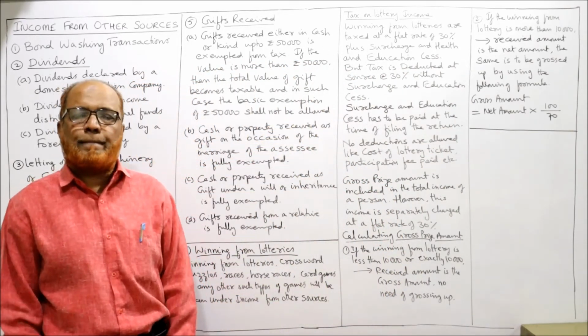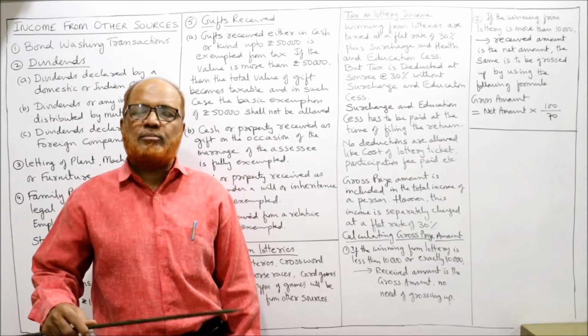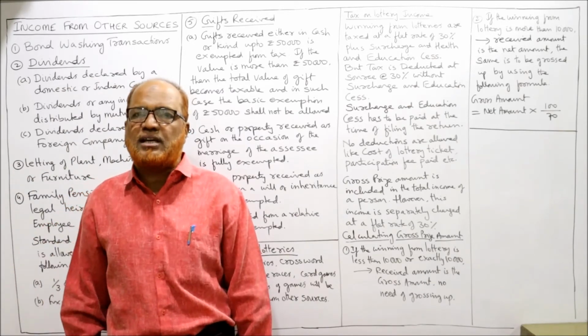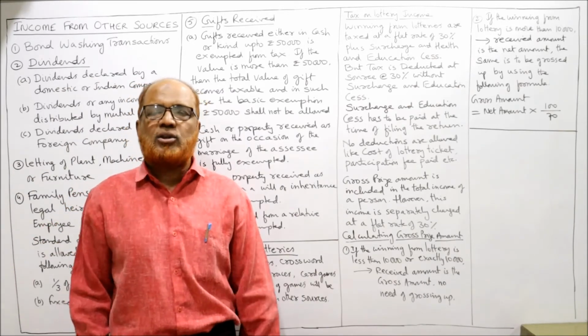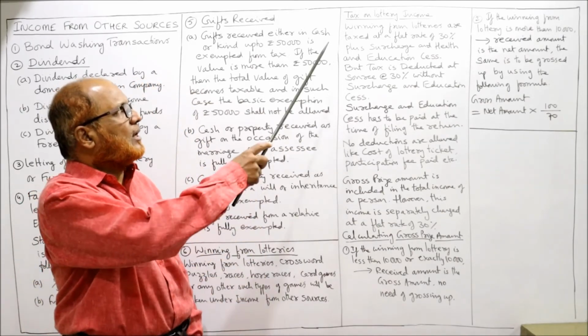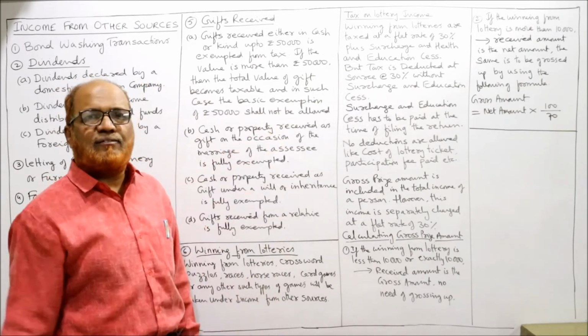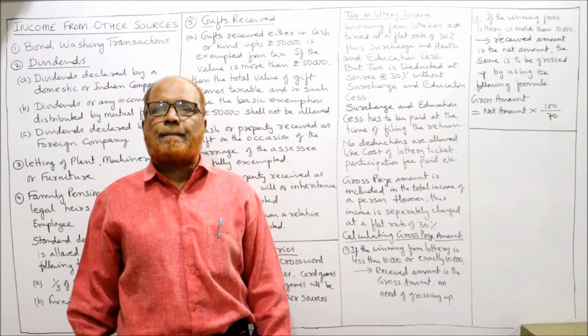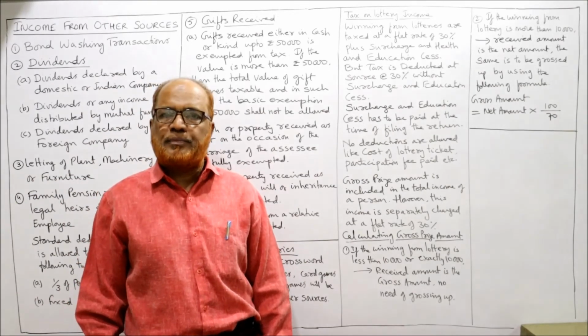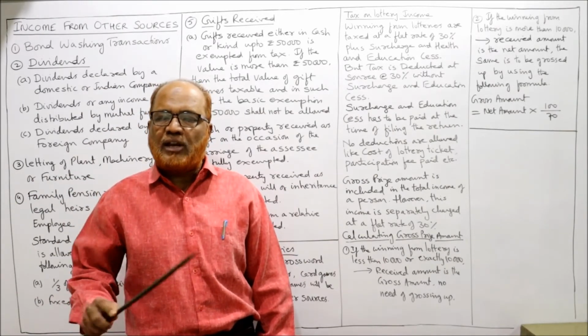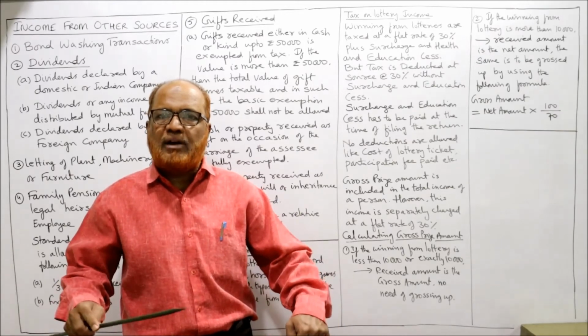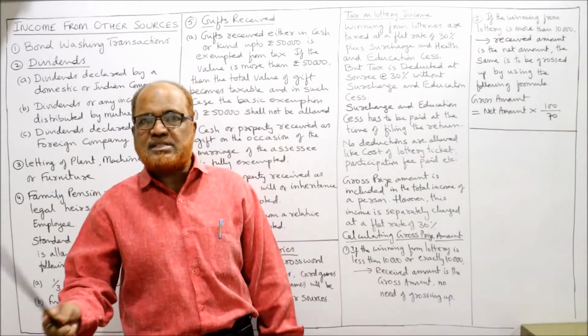Tax on lottery income: in casual income, the most often encountered income is winning from lottery. Winnings from lotteries are taxed at a flat rate of 30%. It is called a special income. The winning from lottery will not be clubbed with other incomes. It will be kept separately.